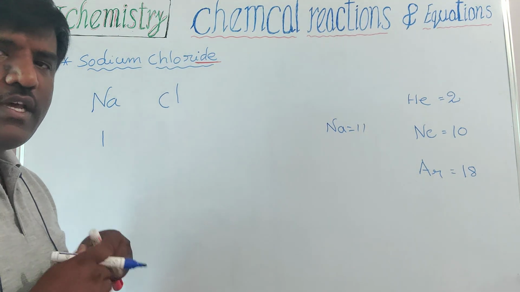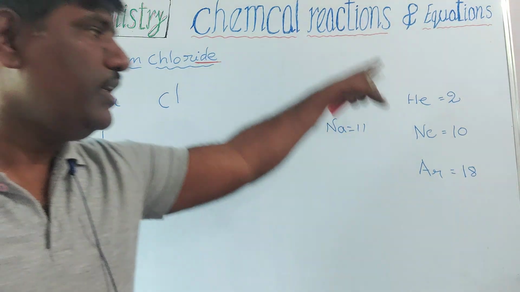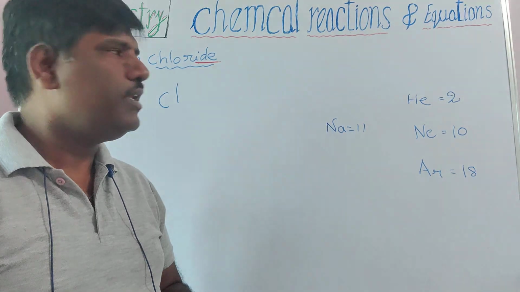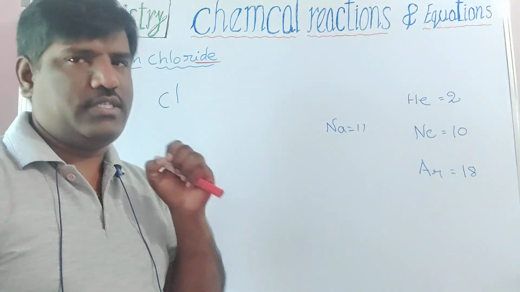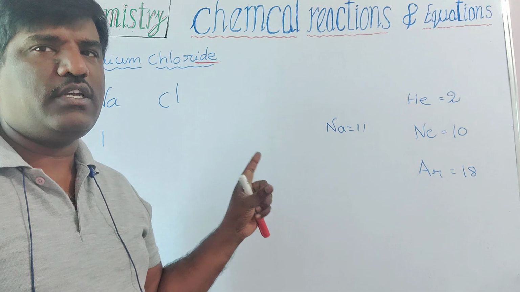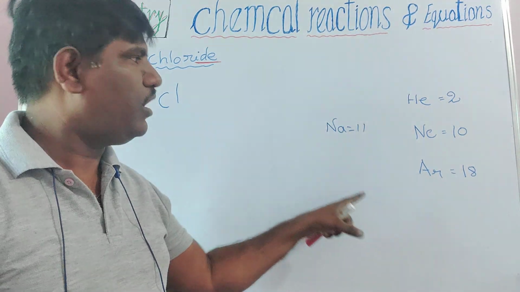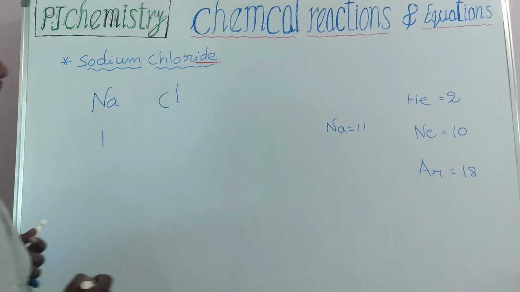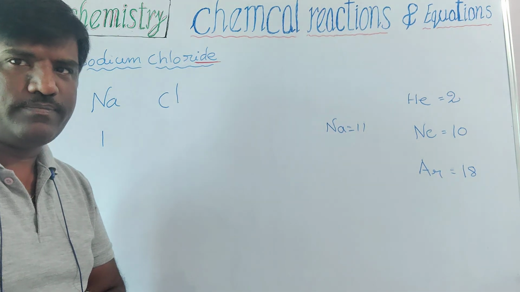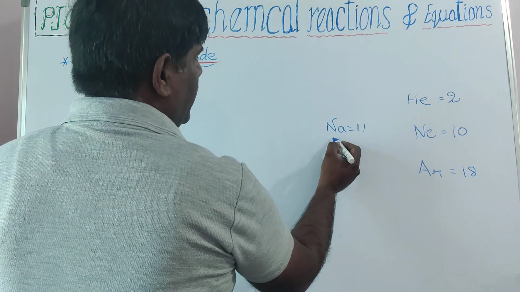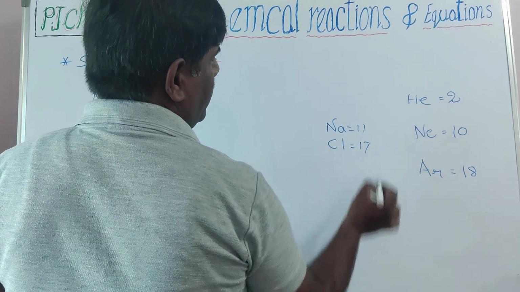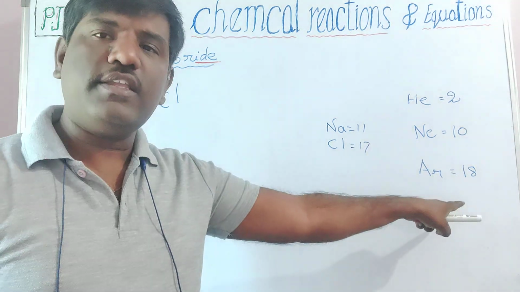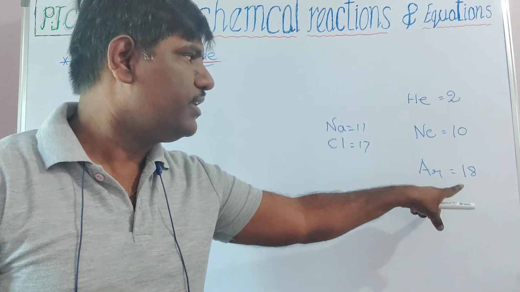Why do they lose or gain or share? To get the stability of the nearest noble gas element. So within 20 elements, every element tries to get the stability of any one of these three. So sodium valency is 1. Now what about chlorine valency? Chlorine atomic number is 17. Among these three, which is nearest? Chlorine 17, argon 18, so argon is near to chlorine.